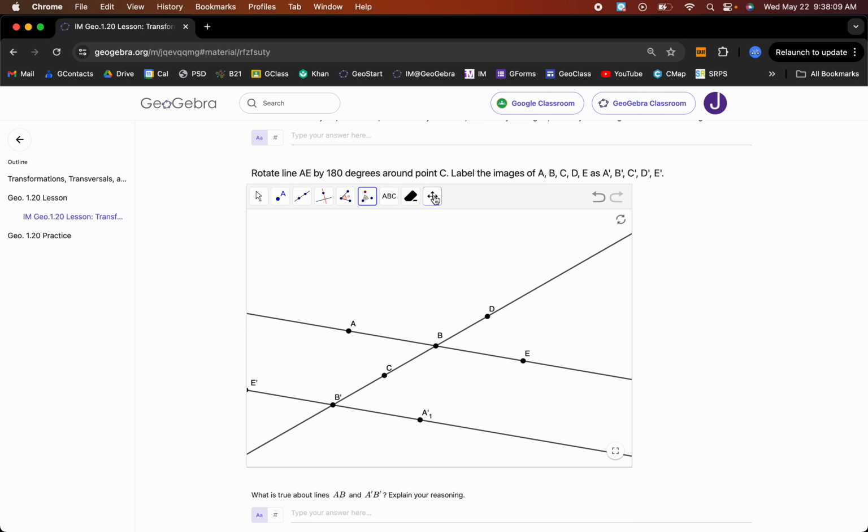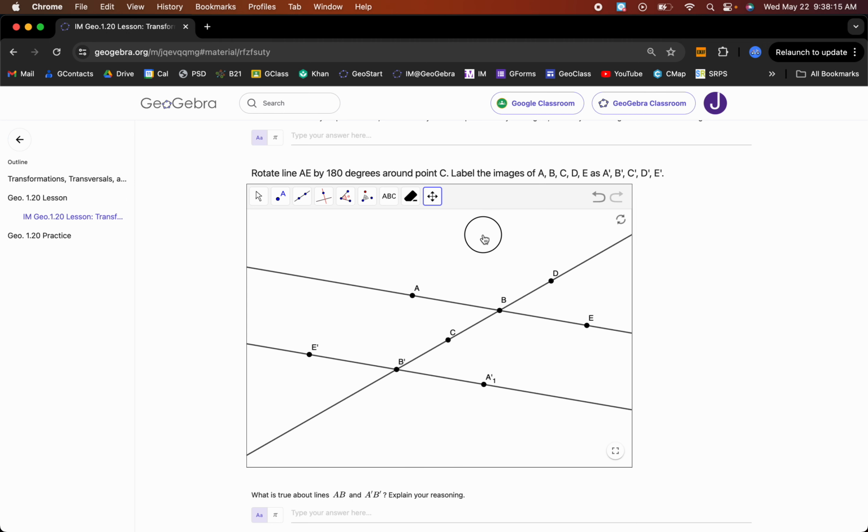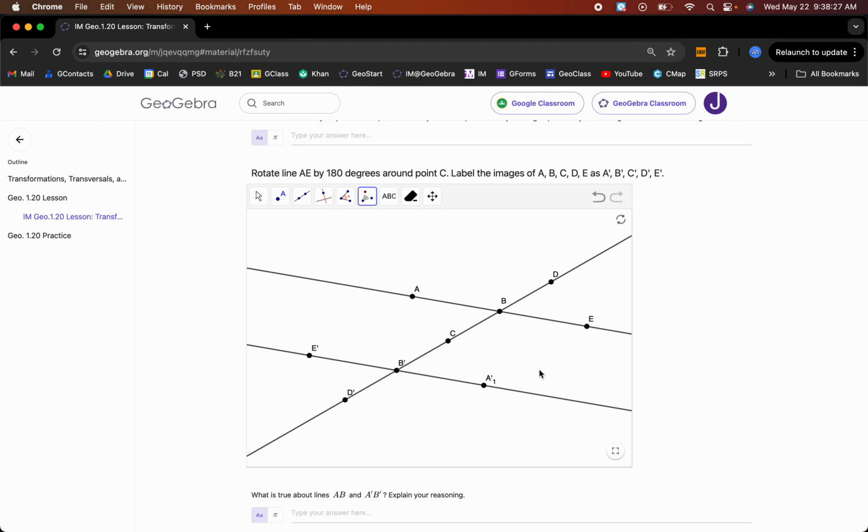And it looks like they want us to do D as well. So we're going to rotate this point D around point C, and we'll also go 180 degrees. There we go. Notice it lands right on that line.